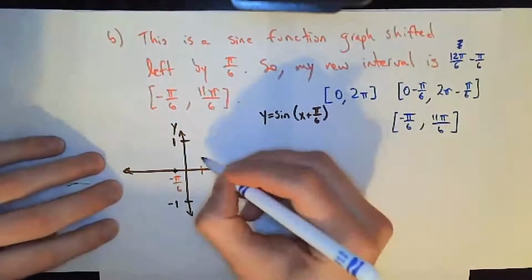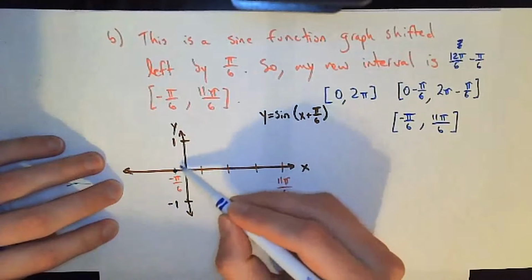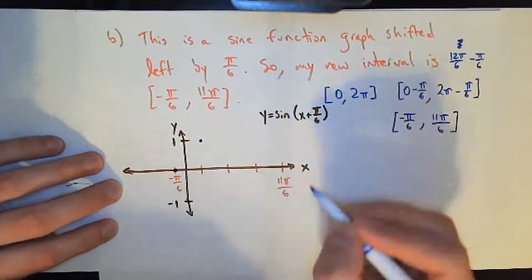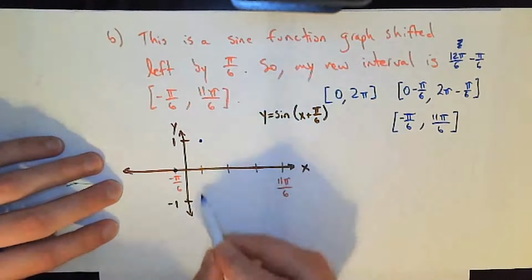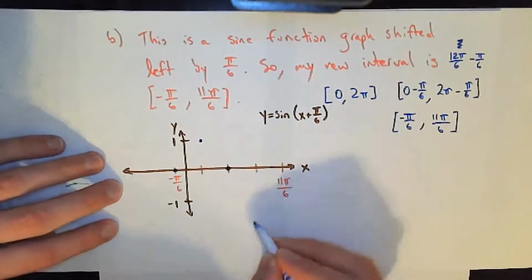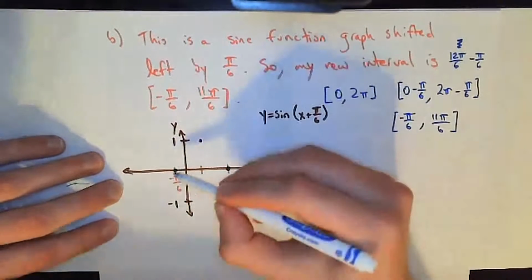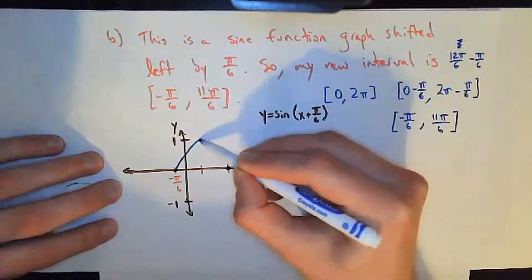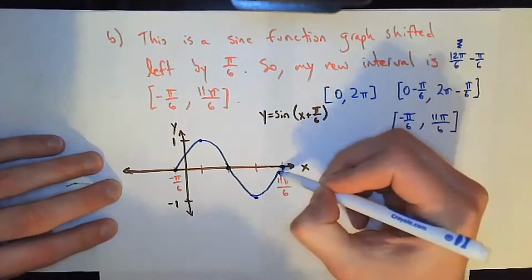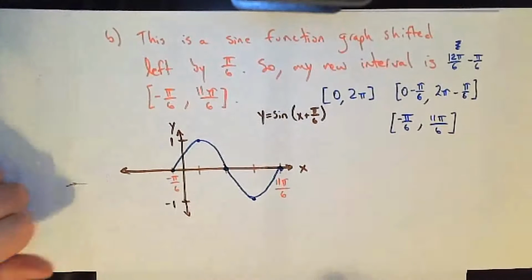It's 0, and then it goes up to 1 at the next tick mark, then it comes back to 0 at the next tick mark, then it comes down to negative 1 at the next one, and then it comes back to 0. I should still label them for clarity and to be precise, but that's the picture of this graph.